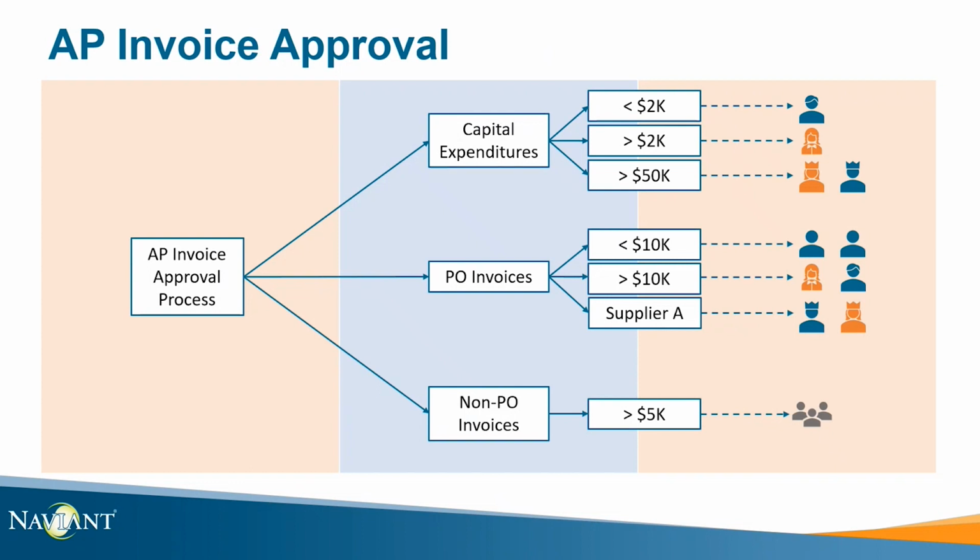We have a PO invoice that comes in, and in this case we're looking at supplier A. So a PO invoice for supplier A comes in. We're determining that maybe 2 people need to review it. Say we've been reviewing supplier A's invoices because we've had issues with them over the last few months, and then that gets resolved.